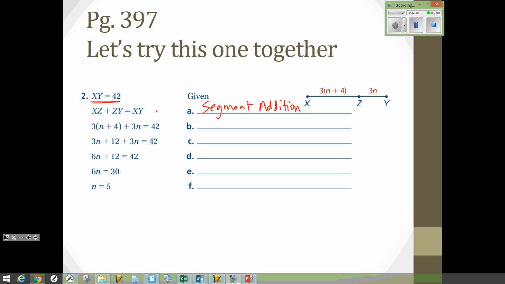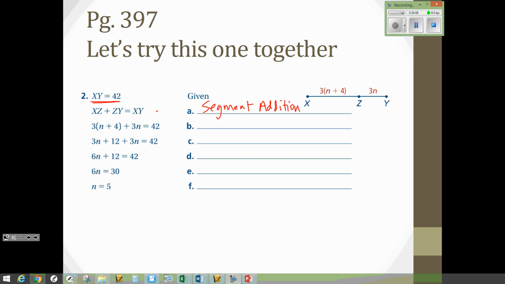How do we go from this statement up here, which has an equation in it, to this statement right here that no longer has line segments, it just has numbers? What property are we using? It's one of the first properties we talked about today that I spent some time talking about. We just plug stuff in, so what do we call that mathematically?